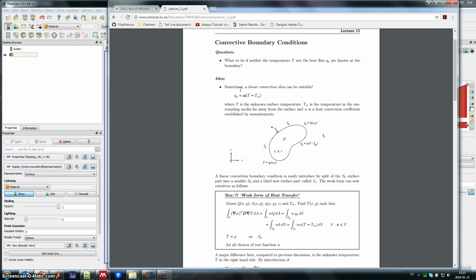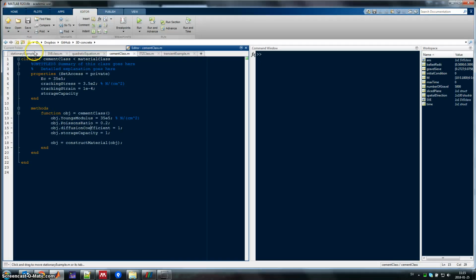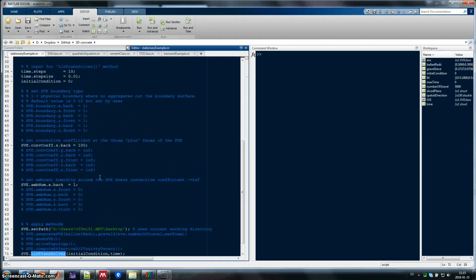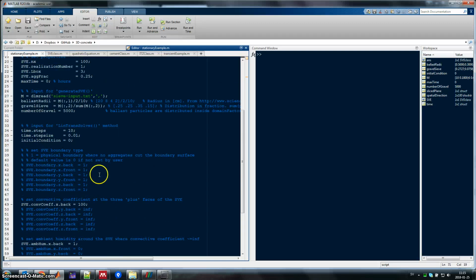So that's a quick background to the theory, because you will need to set some properties when you do this simulation. So first of all, you will need to set these properties: time steps, time step size and initial condition. Time steps is how many steps you want to take in time, and the time step size is the length of each time step.